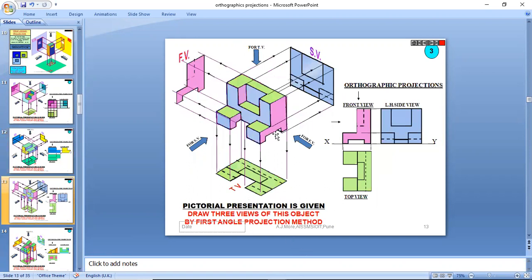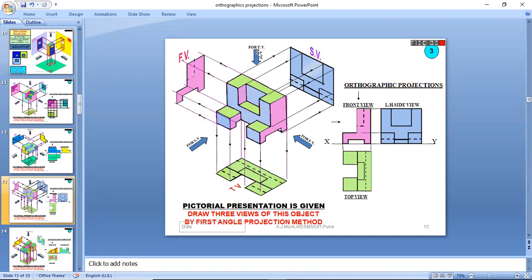In the second example, see the mechanical object in this way. Here also the various colored pictorial projections are there. For the direction you are looking at the front side, this is the pink color direction, and you are getting the image on the vertical plane, that is, we call it the front view.